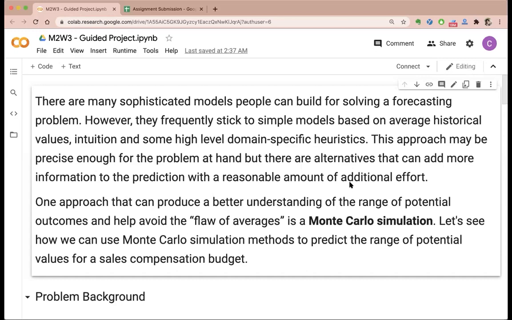One approach that can produce a better understanding of the range of potential outcomes and help avoid the flaw of averages is a Monte Carlo simulation. So let's see how we can use Monte Carlo simulation methods to predict the range of potential values for a sales compensation budget. So what comes to your mind when you hear the word simulation?